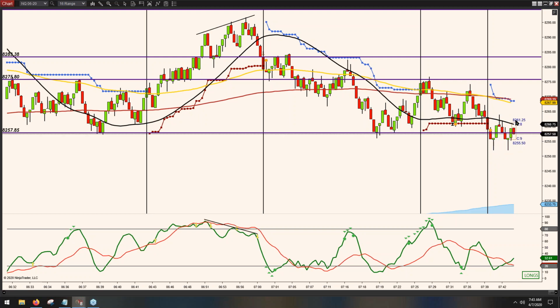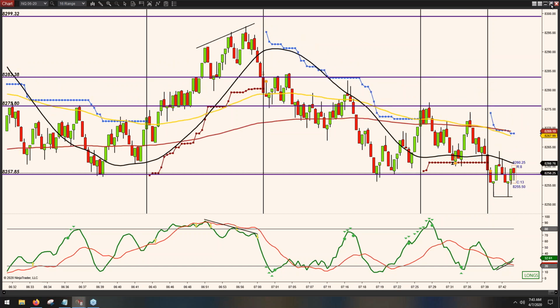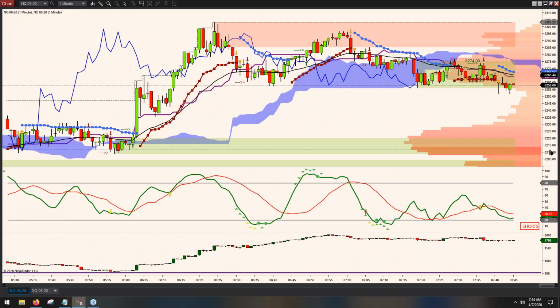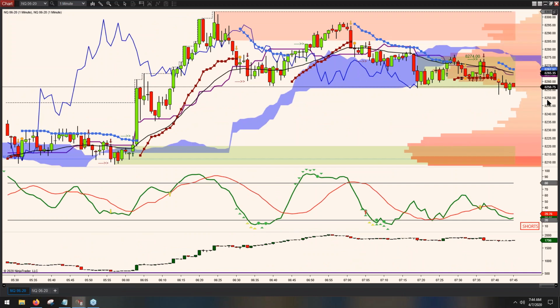Now here you have a little divergence on this little bounce. Equal lows, while on my green stochastic line, I have higher lows. So that's a heads up for at least a bar or two bounce. And then if you can't see it on your range chart where support and resistance areas are, open up your 1 minute. Pretty easy to see on that, right?